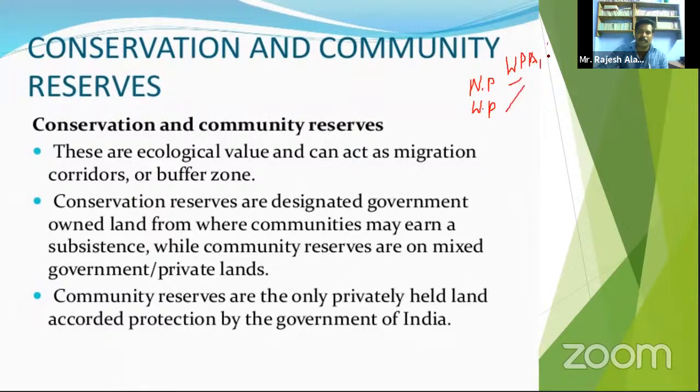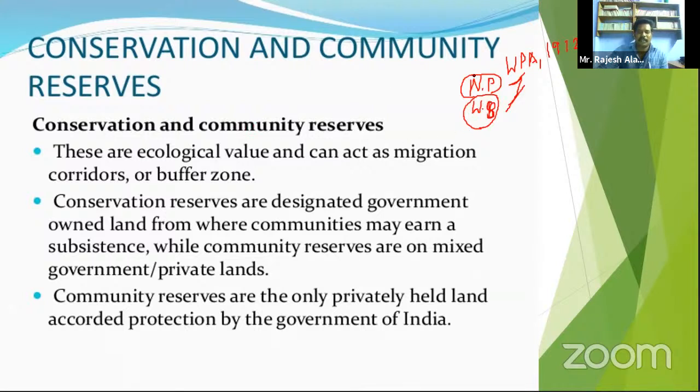Even this Wildlife Protection Act has not clearly made the criteria to declare something as a wildlife sanctuary and national park in a clear-cut manner. They have made some provision to declare some areas national parks and wildlife sanctuaries. That's it. But no clear ideology was given there. Right, sir?